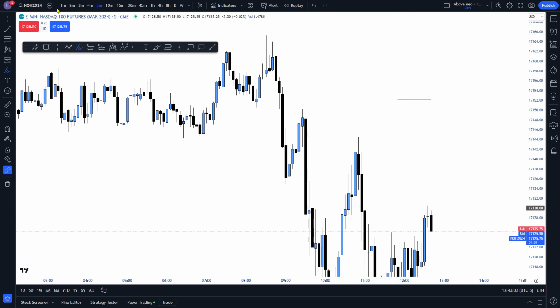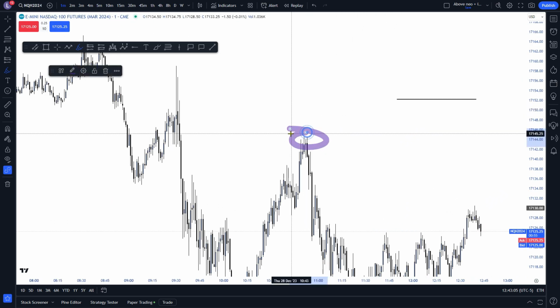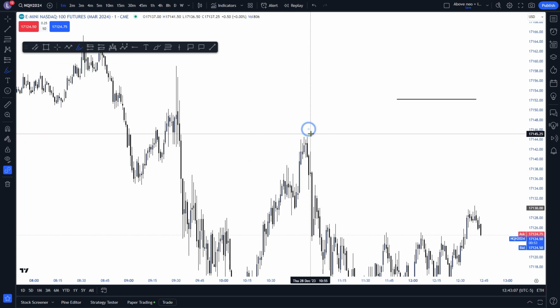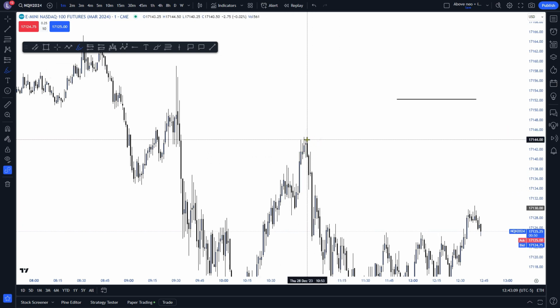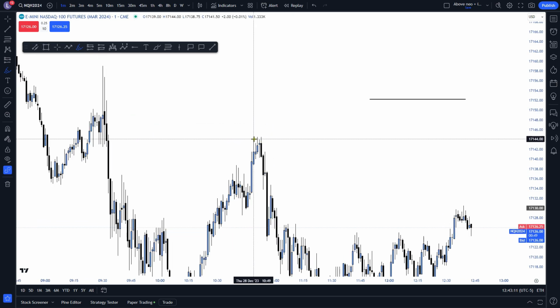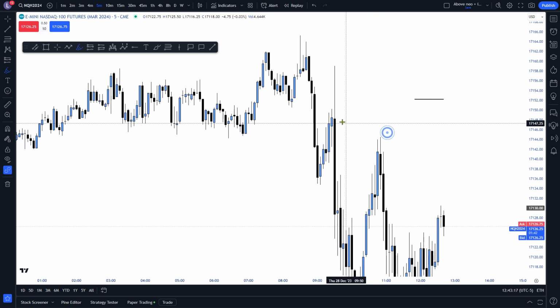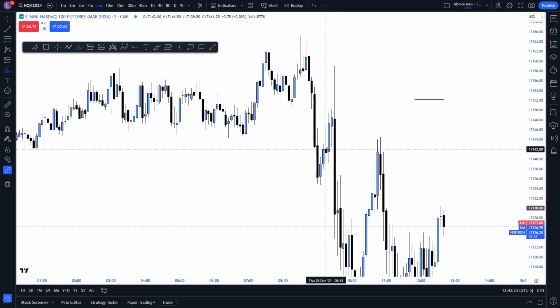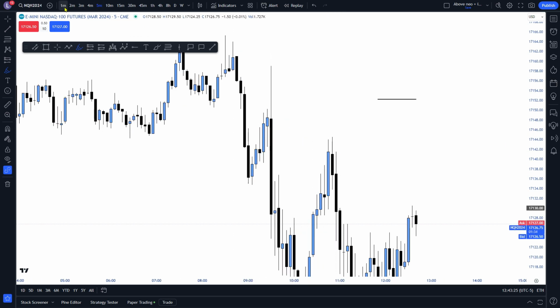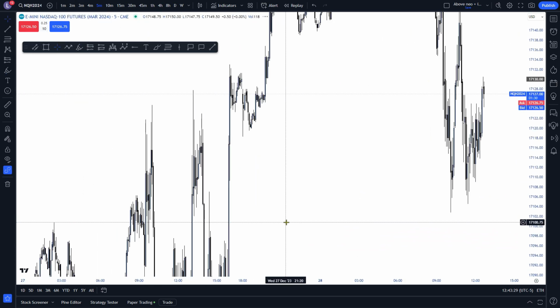But then if we go to the 1 minute, we have the equal highs there. Now these are still valid equal highs, but they're not going to be as strong. Whereas if we had it on the 1 minute and then we look at the 5 minute, and there are also equal highs, then this would be even stronger liquidity, and I would definitely be targeting that. And that is obviously the same with sell side liquidity.